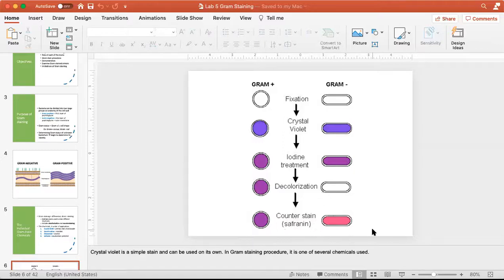So at the end of Gram staining, any cell that is Gram-positive, any cell that has a thick layer of peptidoglycan, is going to be purple under the microscope. And any cell that has a thin layer of peptidoglycan around it is going to be pink-red under the microscope. Now we have a way to look and visually tell whether the bacterium that we're looking at is Gram-positive or Gram-negative.